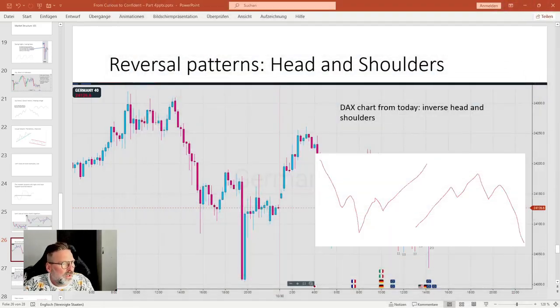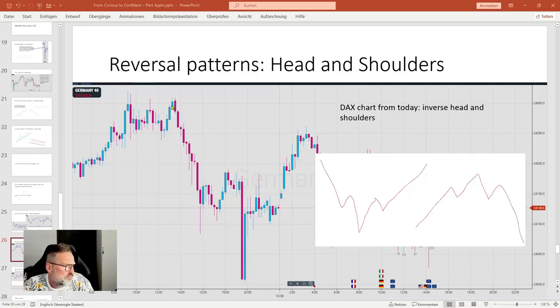So here in the DAX, that was the news release. Is it such a good example? Technically, yes. You have here a left shoulder, a head, even though the head is pretty down here, and a right shoulder.